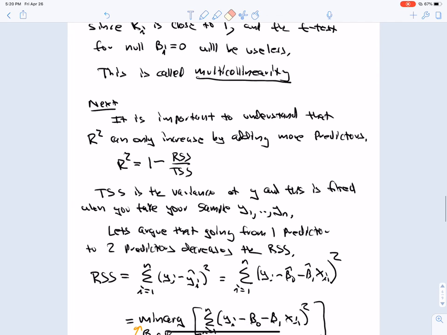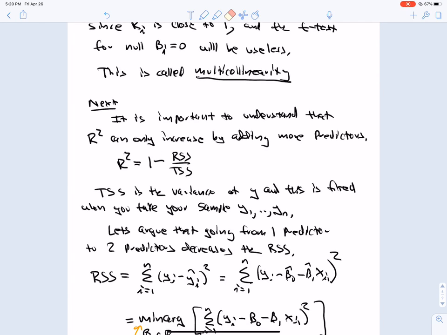So next, it's important to understand that R squared can only increase by adding more predictors. R squared is 1 minus RSS over TSS. Now TSS is the variance of the y, and this is fixed when you take your sample y1 to yn.